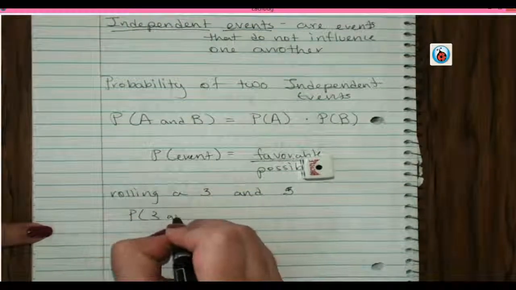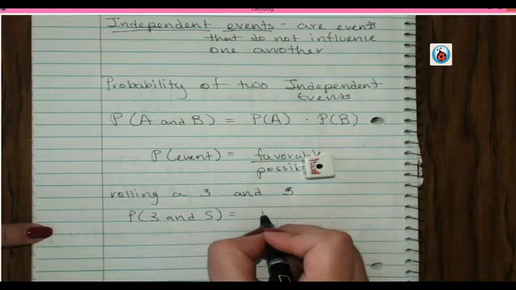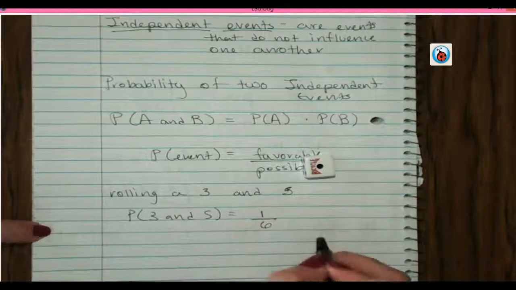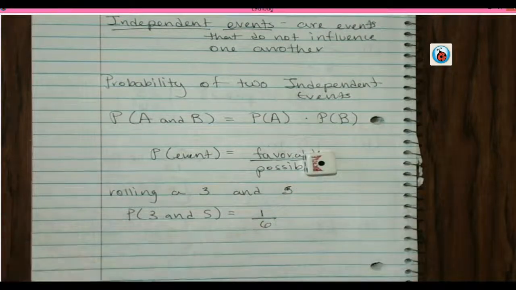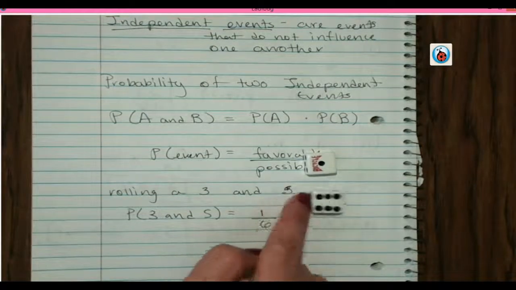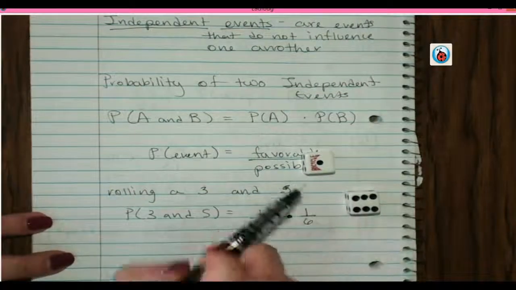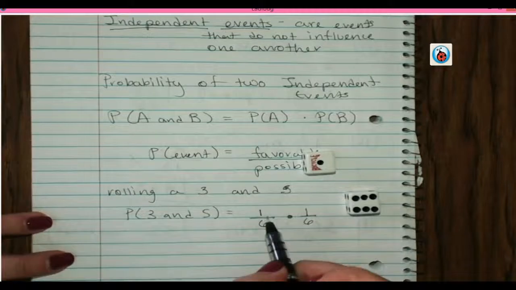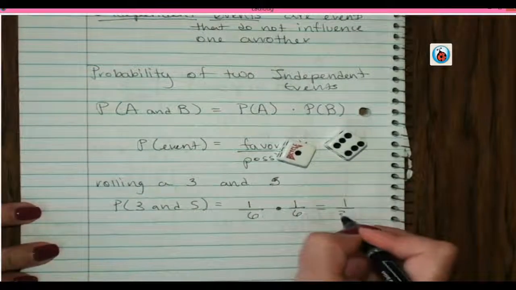What's the probability of a 3? 1 over 6, because the dice only has one number 3. If I roll the next dice, what's the probability of me rolling a 5? So 1 over 6. So my probability of rolling a 3 and a 5 would be 1 over 6 times 1 over 6. That means 1 over 36.